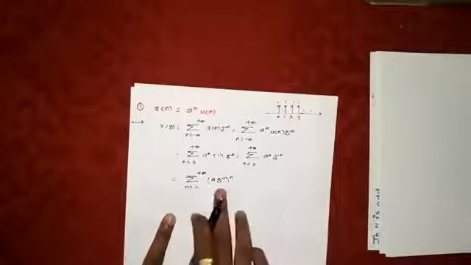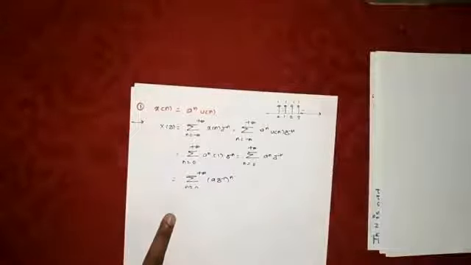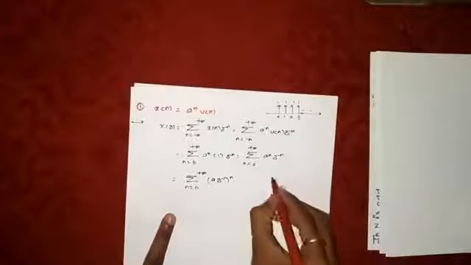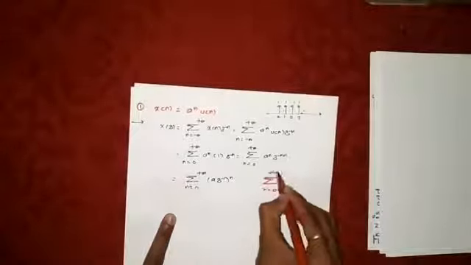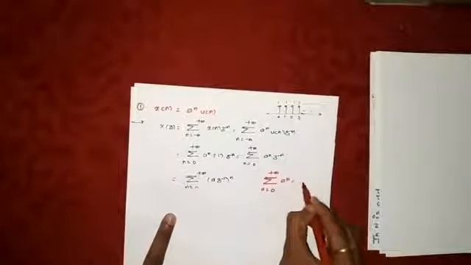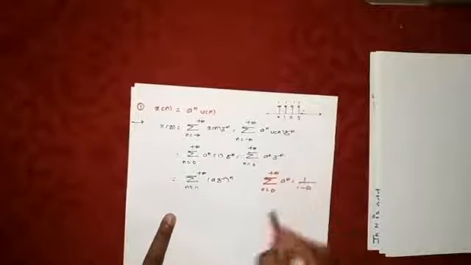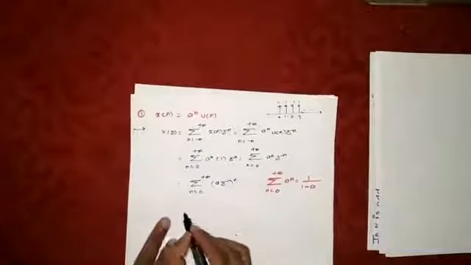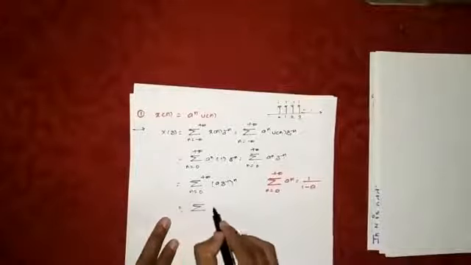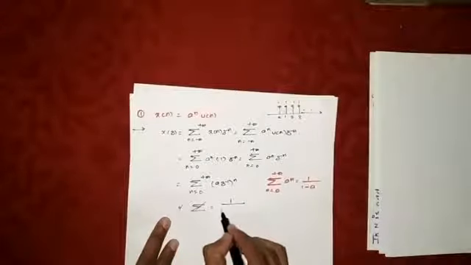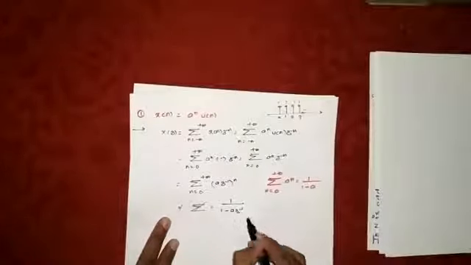Now we'll apply a formula for summation, this is the standard formula that one should remember. The sum from 0 to infinity of a raised to n should always equal 1 upon 1 minus a. Here we are having this entire term as a, so this value becomes 1 divided by 1 minus a into z inverse.